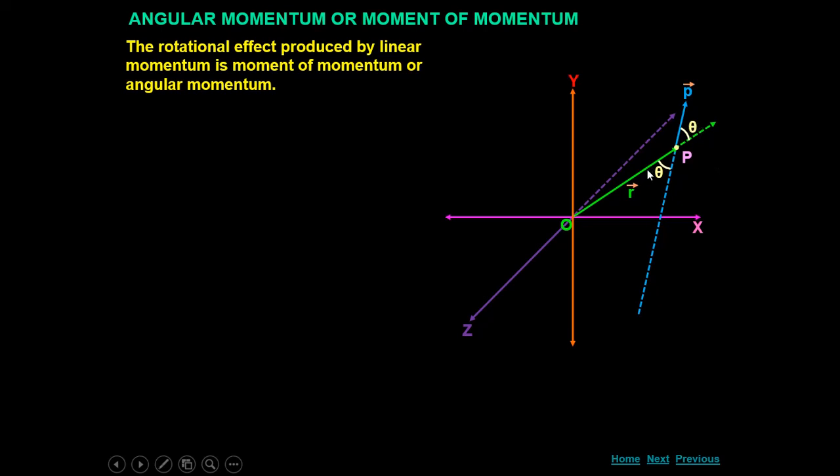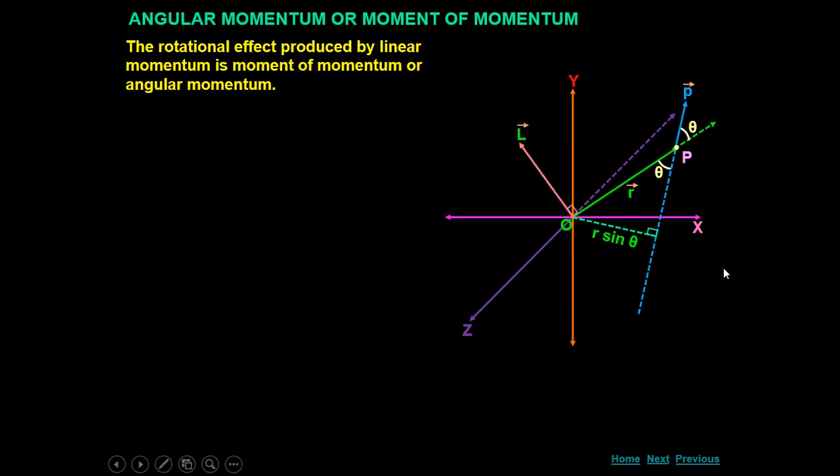If this is theta, the opposite side is also theta, and if I draw the perpendicular from this axis of rotation to the direction of linear momentum, then it will be r sin theta. That is, hypotenuse multiplied by sin theta gives the opposite side.